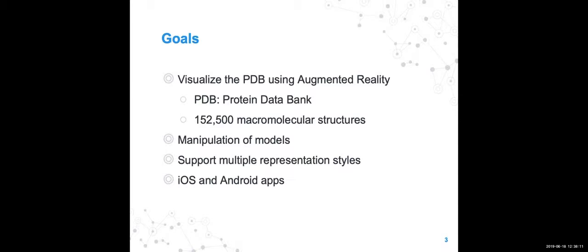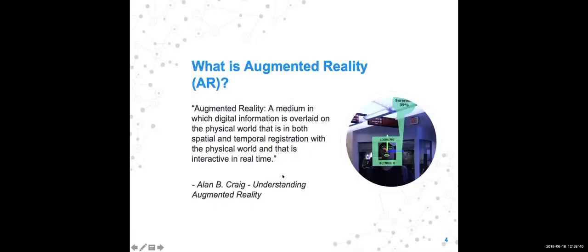What we wanted to do was to say, is there a way we can more intuitively bring our bodies to bear to interact with the data that's in the Protein Data Bank? There are different ways you can manipulate that data, and different ways you can represent it. So we wanted to make it such that you could interact with it in a physical three-dimensional way. One of our goals was to make it available both for iOS and Android.